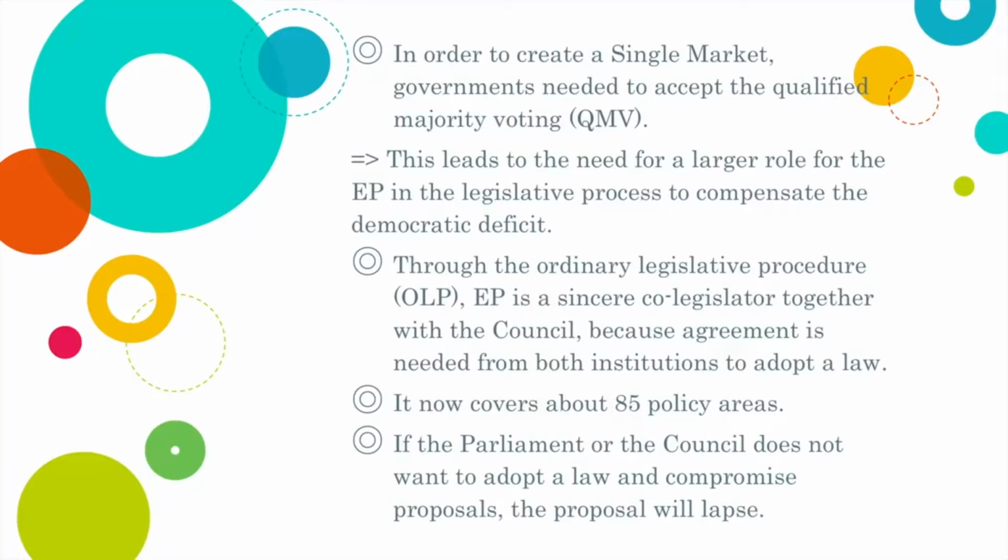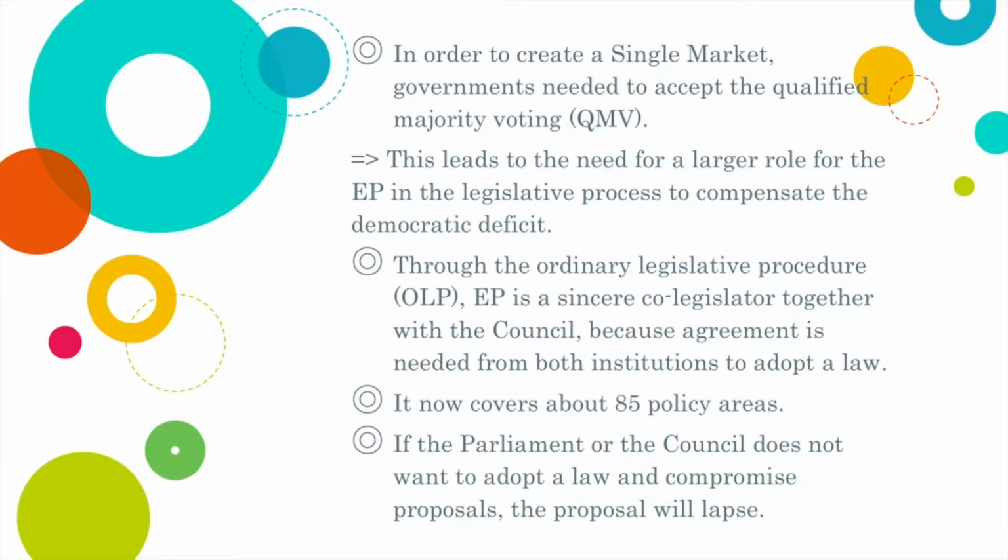So now it covers about 85 policy areas. And if the Parliament or the Council does not want to adopt a law or compromise proposals, the proposals will lapse. The European Parliament also has an ever-increasing role in outlining treaty changes and can therefore bring greater democratic accountability to the process.